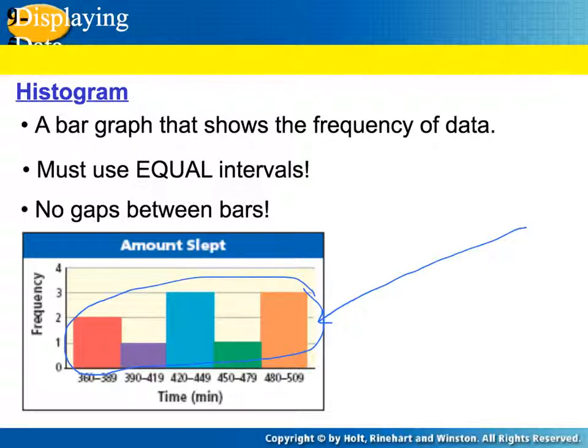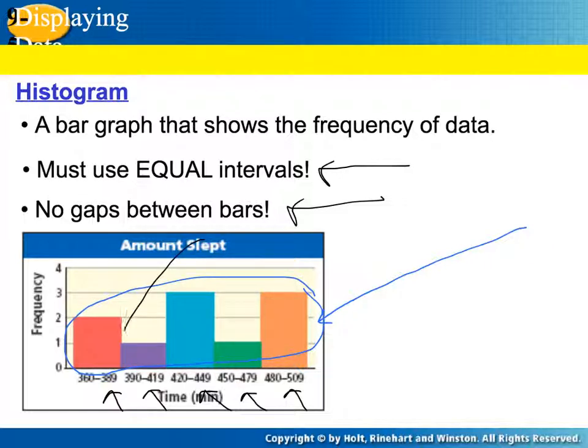All right, so now as you look at this, a histogram is essentially a type of bar graph, but you need to have equal intervals. Like I said before, equal intervals, all of these are going up by 30 numbers each time. Also, there are no gaps between bars. Look at this, I even made an exclamation point. There are no gaps between bars, okay?